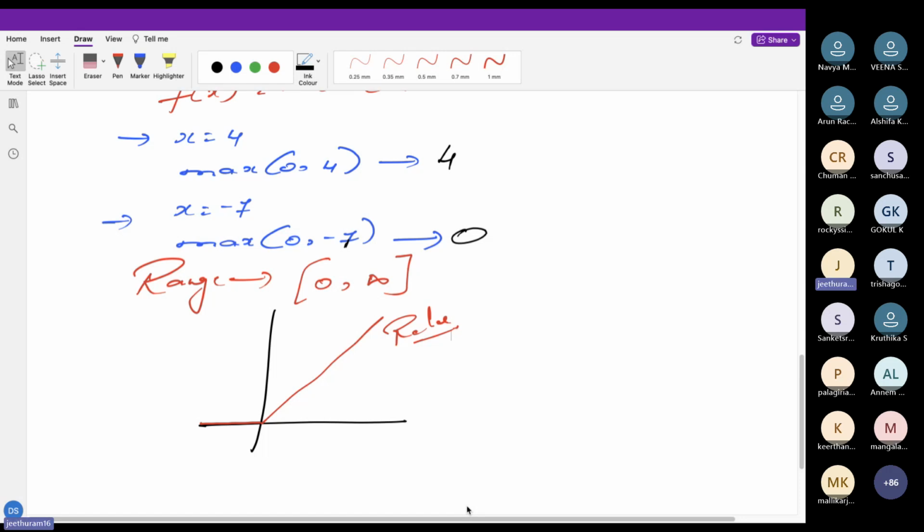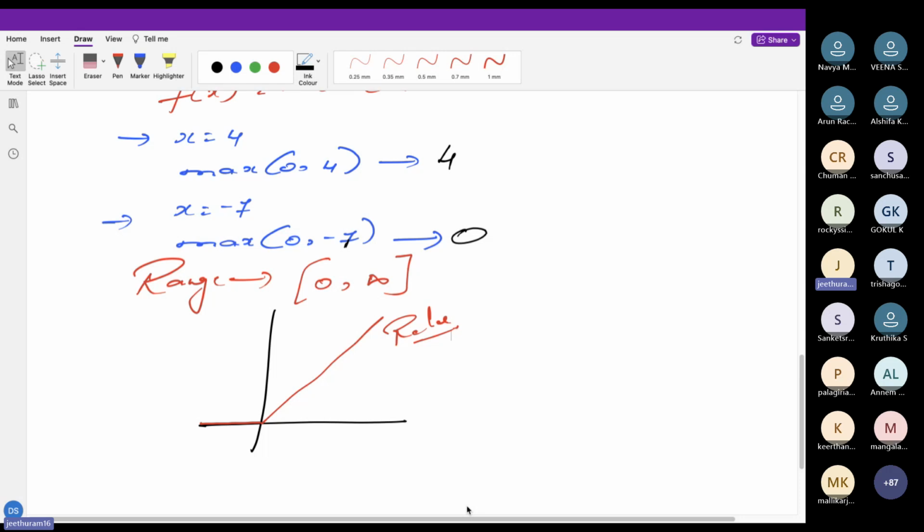A little advancement on ReLU is a concept called leaky ReLU. So what is leaky ReLU? It is just like ReLU, but ReLU converts all negatives to 0, which means we are missing information. Leaky ReLU allows a small, non-zero output for negative inputs instead of making them zero like ReLU.